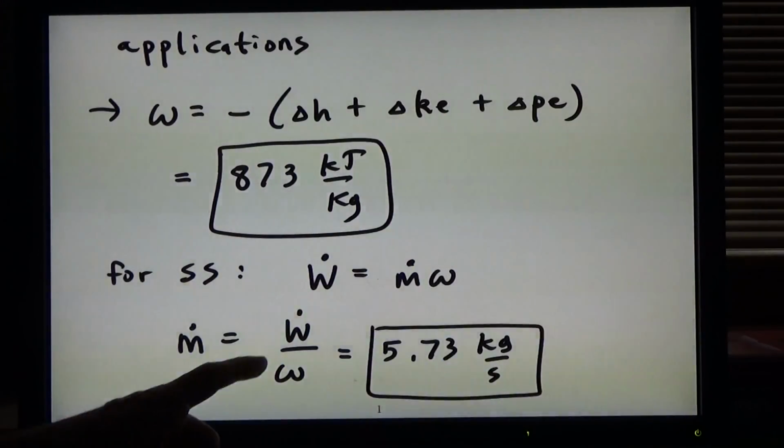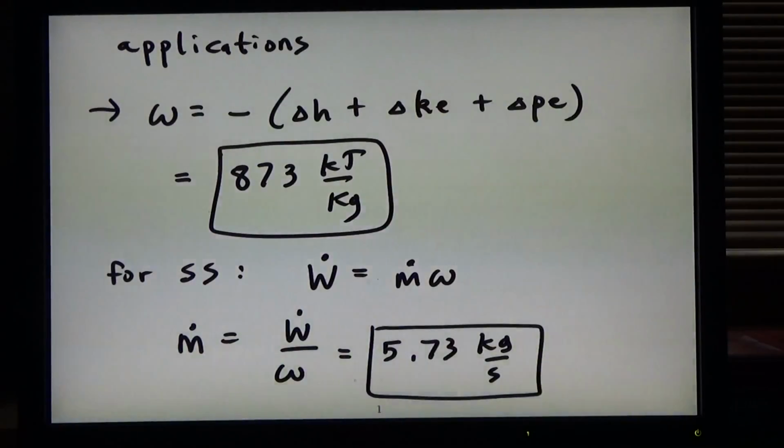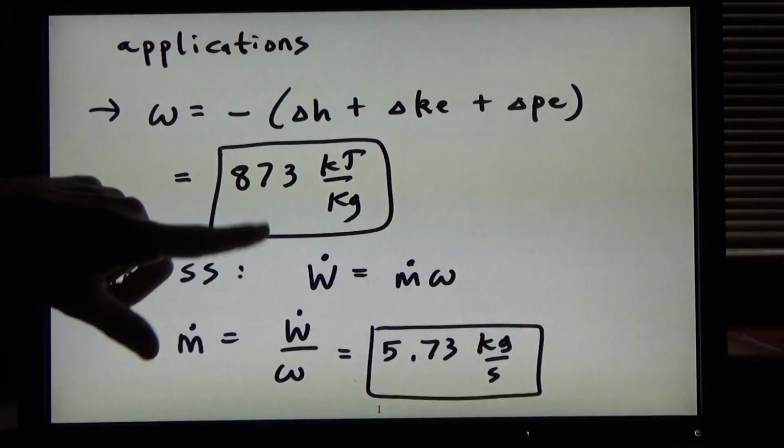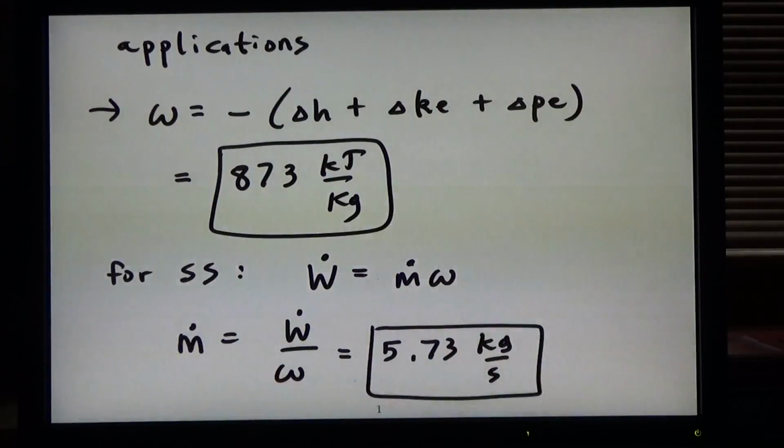If you want, you can check the units on the power. The power is in kilowatts, which is actually kilojoule per second, and then we divide by kilojoule per kilogram. So the kilojoules cancel out, kilogram comes back up to the top. That's where we get kilograms per second.